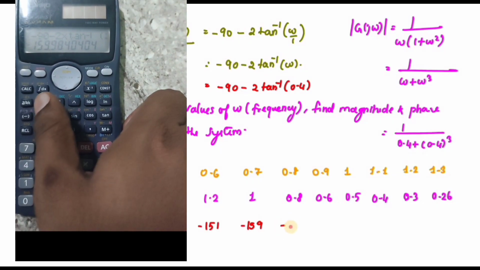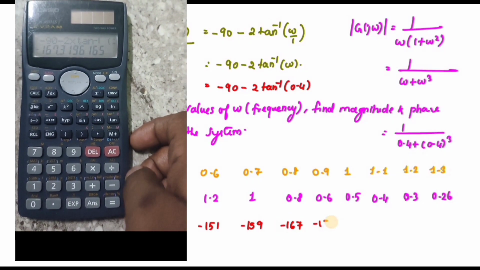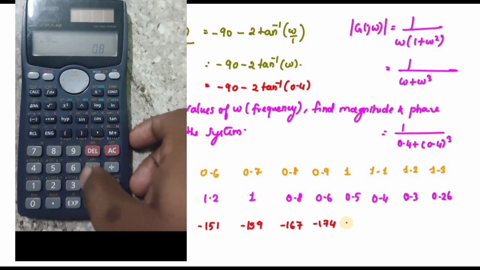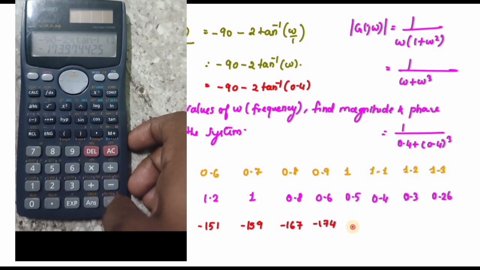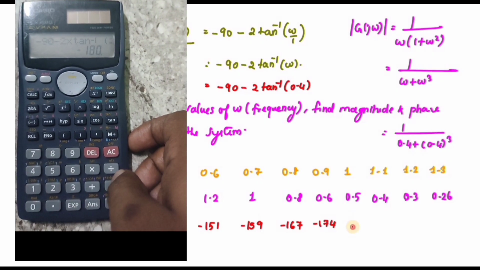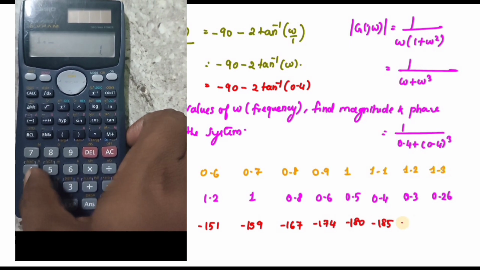For 0.8, you get minus 167.3. For 0.9, you get minus 174. By rounding off, for 1 you get minus 180. Likewise, you can calculate the rest of the values.